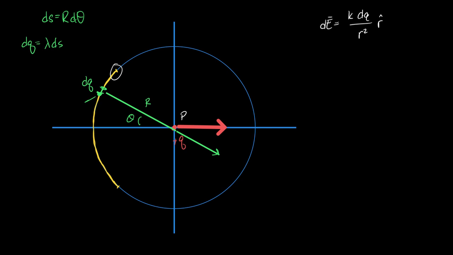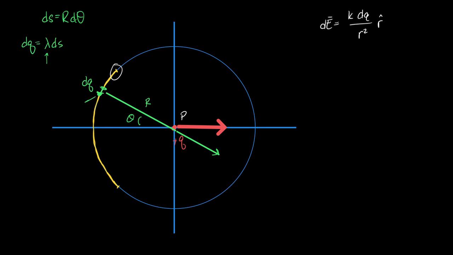I do want to take a moment and realize I don't have an expression for lambda that's in terms of the variables that are allowed. I will need to come up with an expression for lambda, which has to be the charge divided by the length of the rod. They tell me it's a quarter of a circle. So since a full circle is 2 pi r, a quarter of the circle will be 1/2 pi r. That would be the appropriate length.